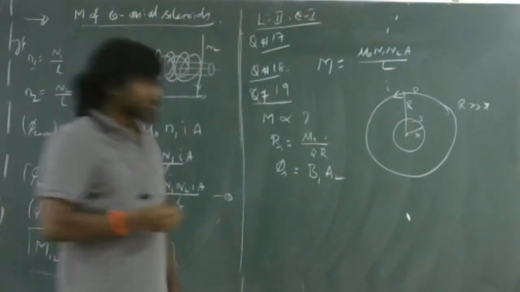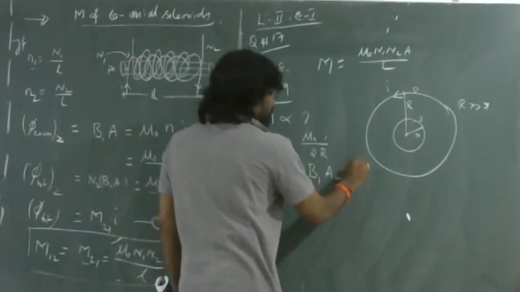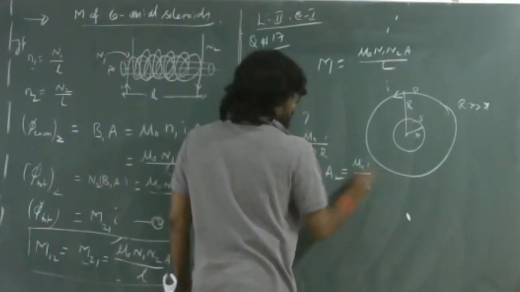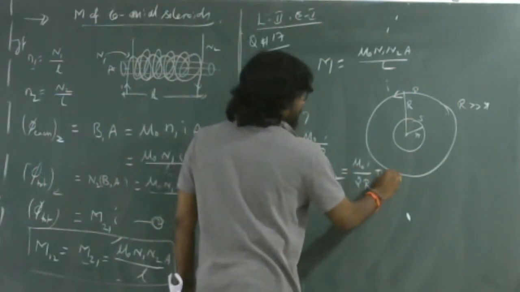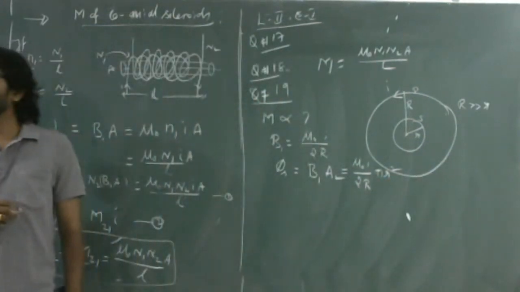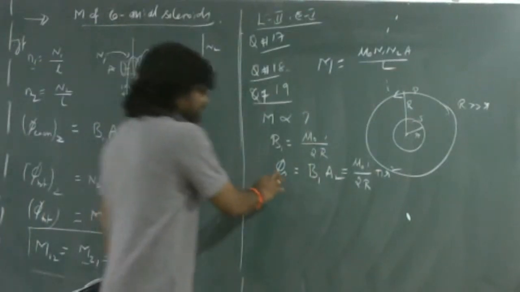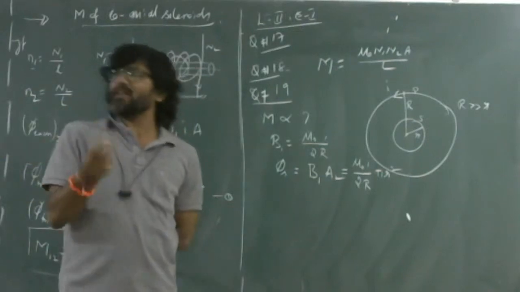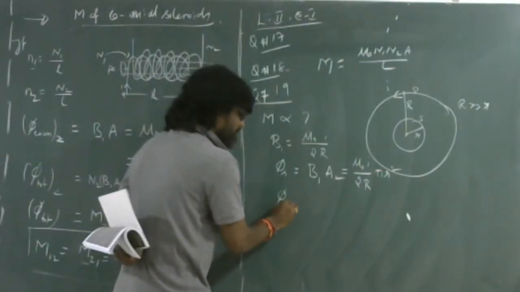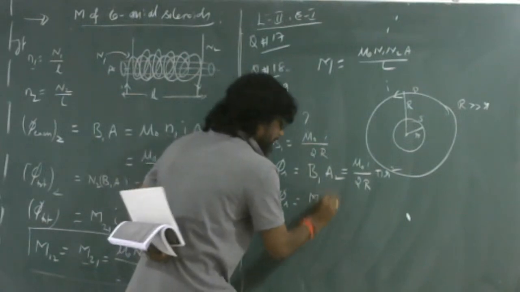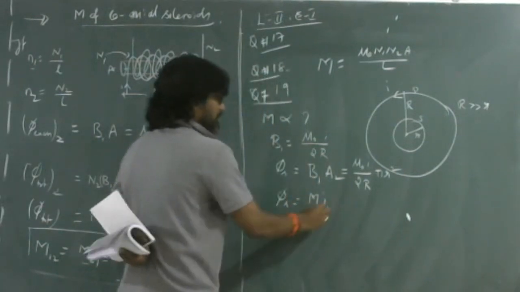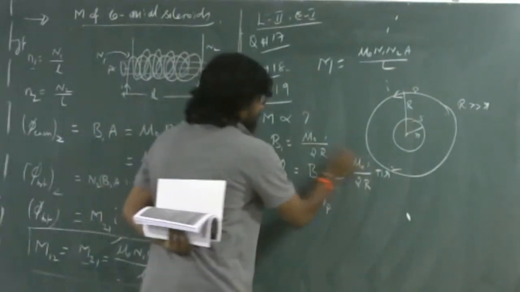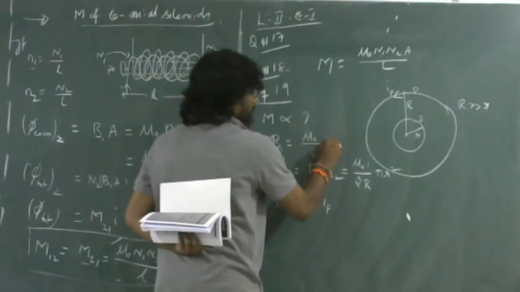This is equal to mu naught I by 2R into the area of the secondary coil, pi r square. This is the total flux linking with the secondary coil. Whereas total flux in terms of mutual induction is given as phi S is equal to M into I in the primary coil, that is the first coil.